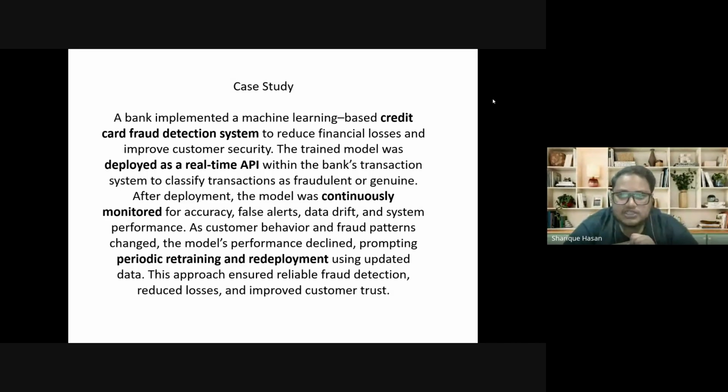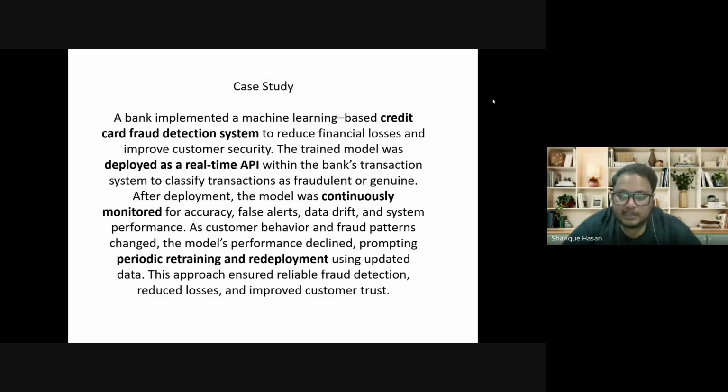A bank deploys a fraud detection machine learning algorithm in the credit card segment. The trained model was deployed as a real-time API within the bank's transaction system to classify the transaction as fraudulent or genuine.